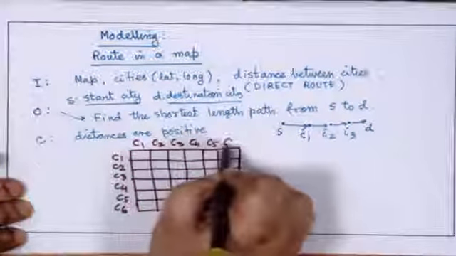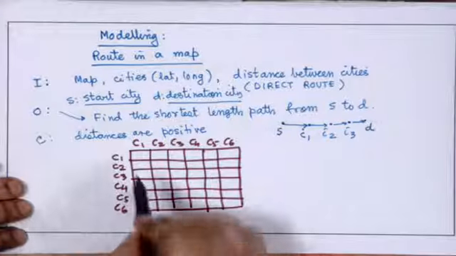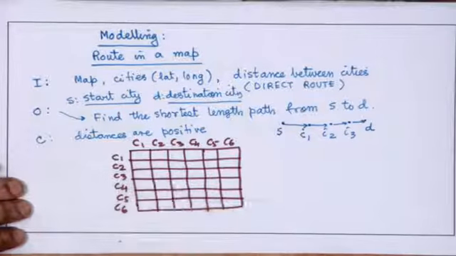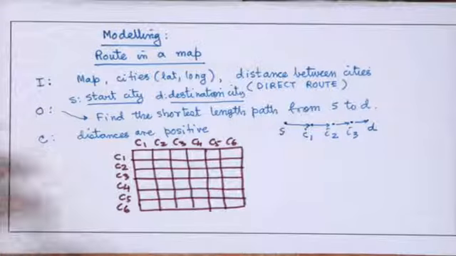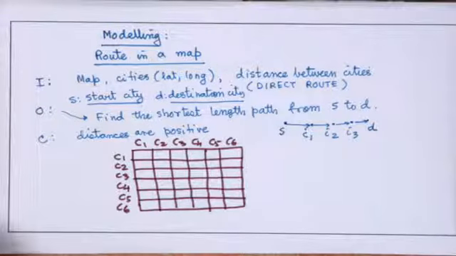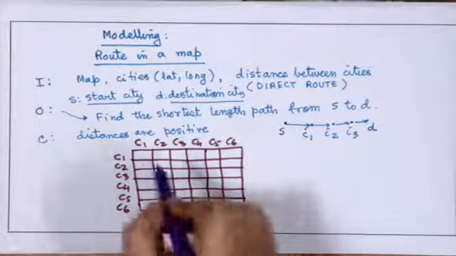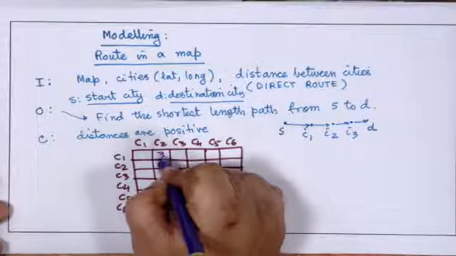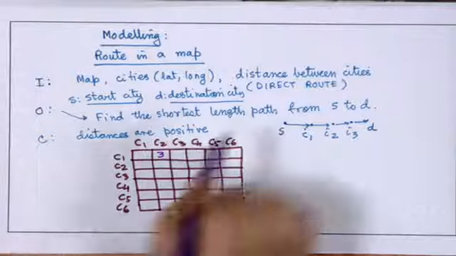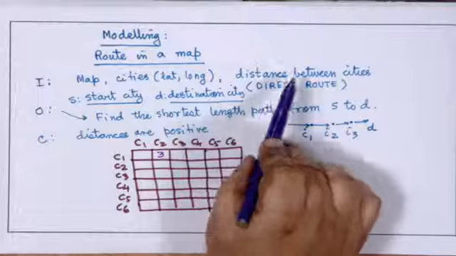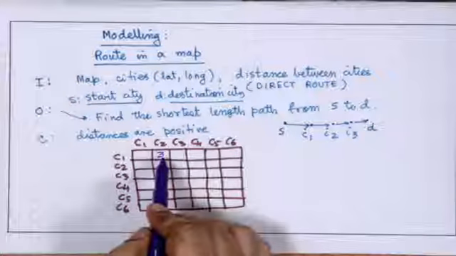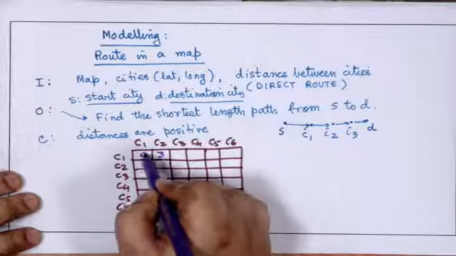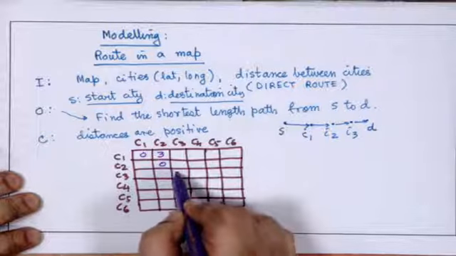And each element of that matrix will contain a value which is the distance. So, the element from C1 to C2, if it is 3, then it means that the distance between C1 and C2 in that direct route is 3. Obviously, all diagonal elements are going to be 0.